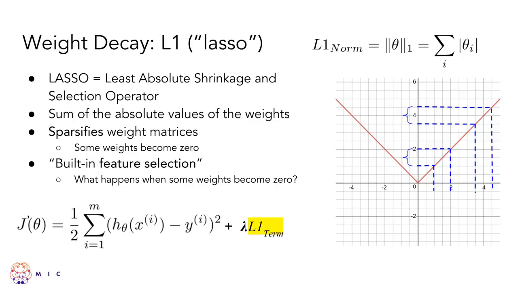So I'll explain later how and why it does this, but what L1 does is it sparsifies your weight matrices. If you don't know what sparsifying is, when you say that you sparsify a matrix, it means that you reduce many of your weights to 0. And for this reason, L1 is often called a built-in feature selector.